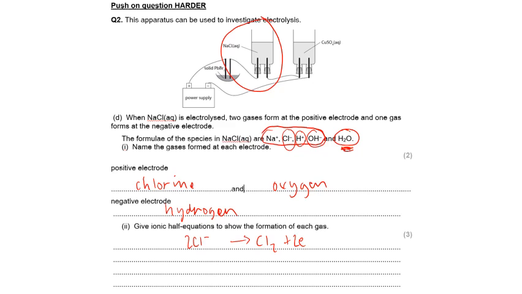So when your sodium and chloride ions run out, your hydroxide is going to be discharged. So your hydroxide, when it's discharged, it forms oxygen and it forms water, as it's told us here. You're going to get 4 electrons. You just need to remember that. You need to balance it, so you need to have 4 electrons there and 4 hydroxide ions.